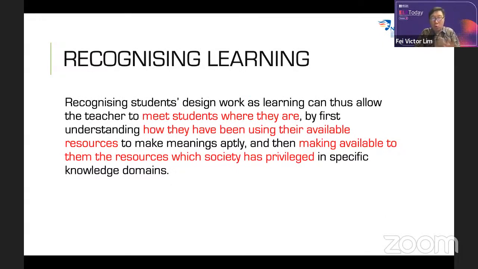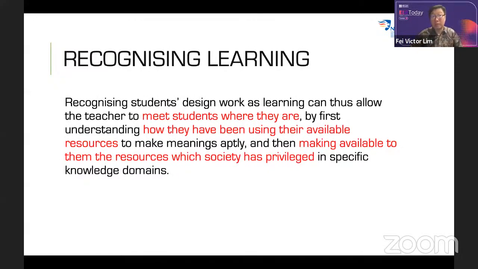Because we do want to recognize learning, and one of the key understandings in multimodal literacy is when we recognize students' design work as learning, it can allow teachers to meet the students where they are by first understanding how they have been using their available resources to make meaning aptly, what they know about video production, what they know about social media communication, and then subsequently making available to them the resources which society has privileged in specific knowledge domains.